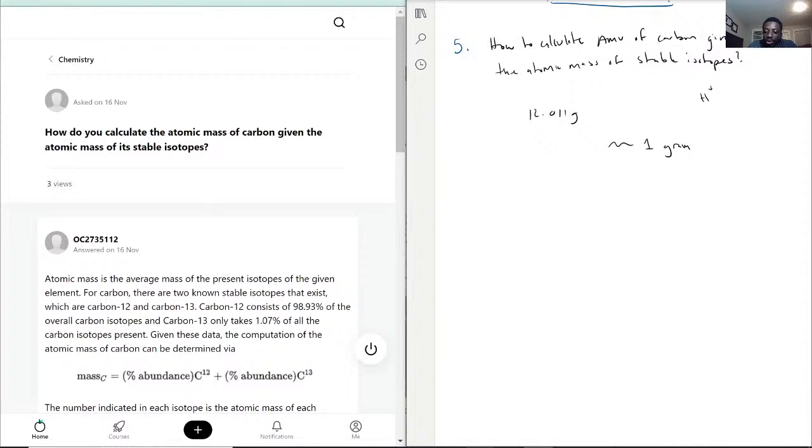That's around the mole of a proton, and neutrons are around there too. A mole of neutrons will be around 1 gram, that'd be the molar mass, grams per mole of neutron and proton.